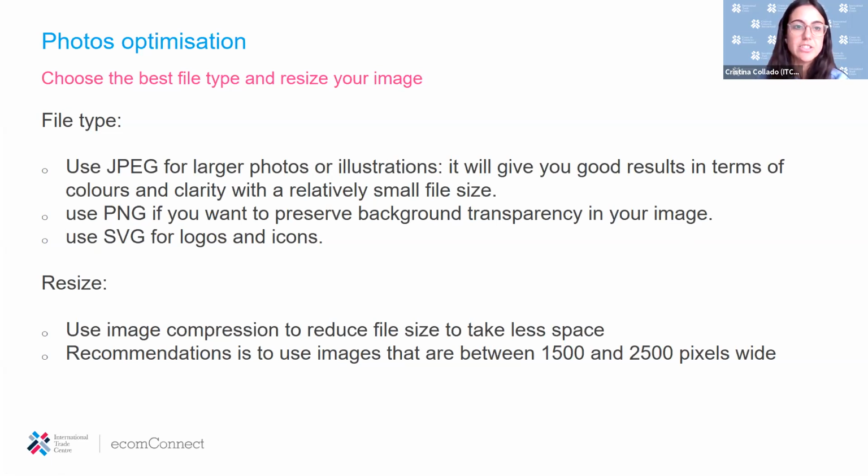But in general, JPEGs are more used for larger photos, illustrations, photos that are very colorful, and that you don't want to lose any quality of. The only thing is that if you compress these photos, they normally lose quality, and that's the main drawback of this type of photo.